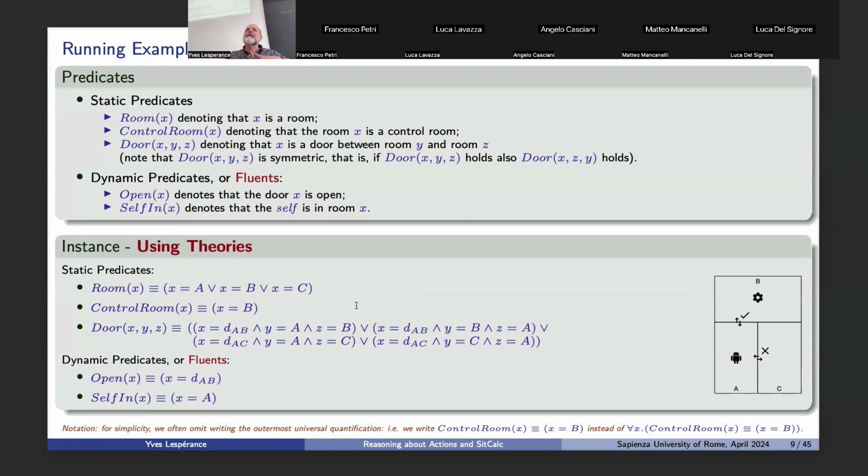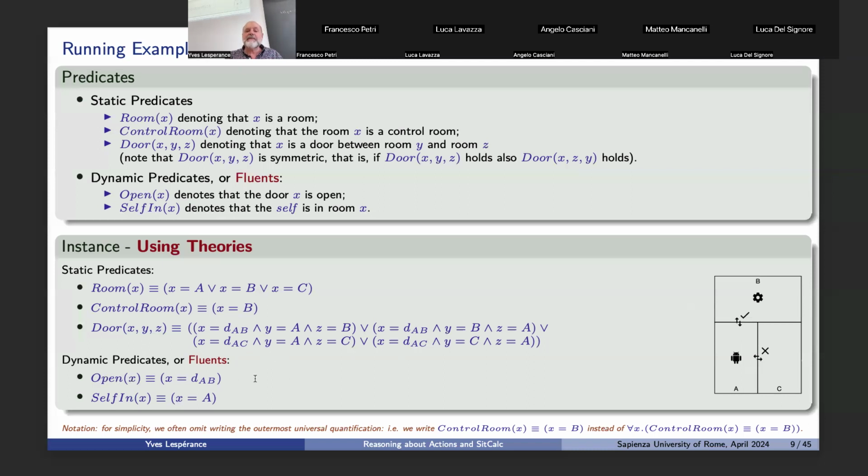So everything is universally quantified by default. Then we would have a sentence that says that X is a control room if and only if X is B. So this means that B is the only control room. And similarly for the doors. The only X, Y, and Z that are in the door relation are if X is DAB, Y is A and Z is B, or Y is B and Z is A. And similarly for the door from A to C.